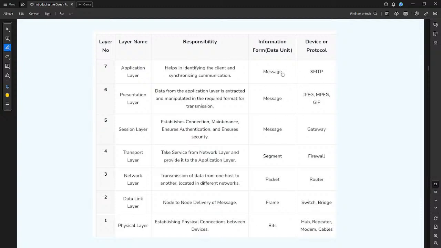Pardon me, I think there was a mix up. The presentation layer actually helps the data from the application layer that is extracted, and puts it in a required format that makes it presentable and visualized to us. And finally, we have the application layer.